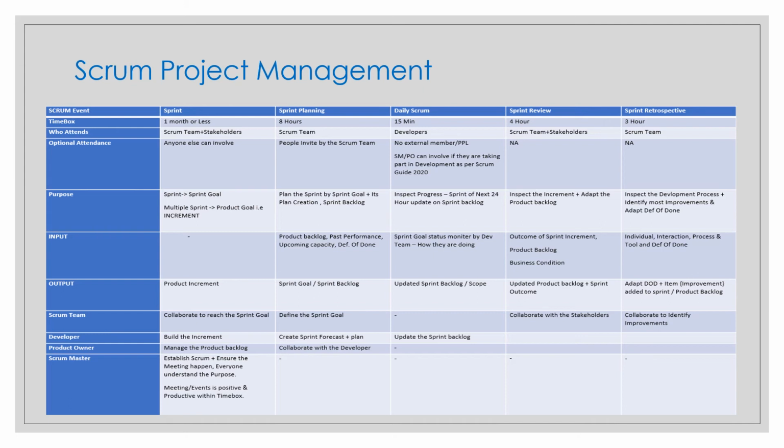So when it comes to problem solving or decision making, the team is cross-functional. This means it has all the skills needed to create the product increment. The skills need to be in the team, but it doesn't mean that every team member should be cross-functional as a whole.